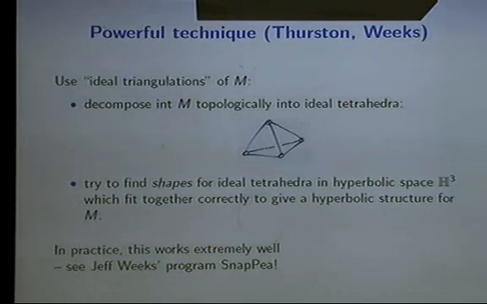And this is just a topological description of the manifold. Then we have to find shapes for the ideal tetrahedra. We want to find tetrahedra in hyperbolic space which fit together correctly to give a hyperbolic structure on the interior of this manifold M. So this is exactly what we did for the figure 8 knot example, for instance.